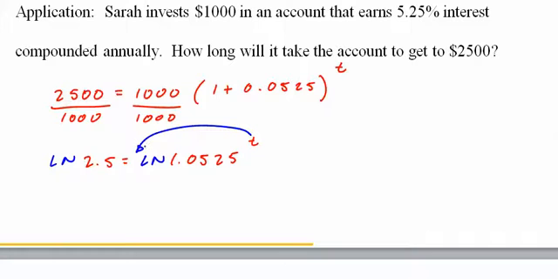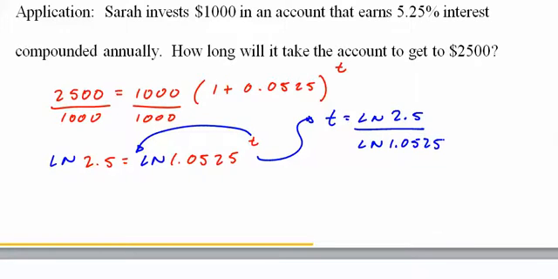Throw the t out front. t equals natural log of 2.5 over natural log of 1.05, which equals, using my own calculator just because it's a little bit faster, 17.9 years. Long time.